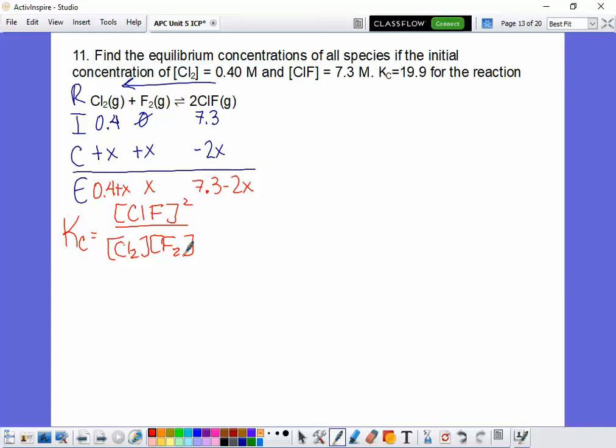You know, it's an L. Don't forget that chlorine exists. Poor chlorine. All right, so now we're going to plug in what we know. 19.9 for my Kc. My top is 7.3 minus 2x quantity squared. My bottom is 0.4 plus x times x.